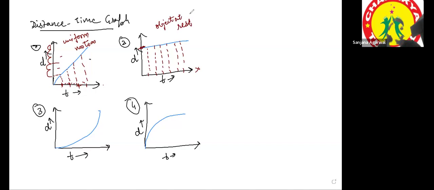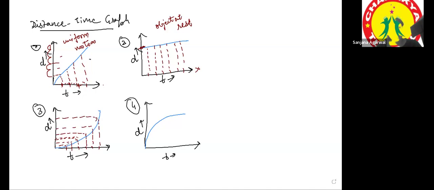Next, third. Now, if we look at the third, by marking the points on the time axis and correspondingly looking at the distance values, you can do the same thing with the help of a pencil, without making much change in your graphs, because this is just for understanding.